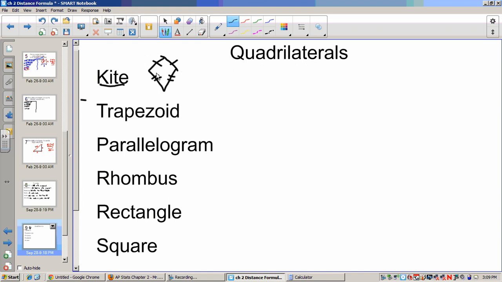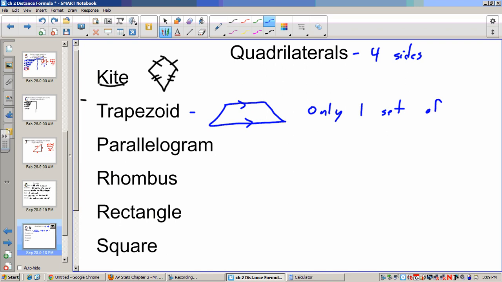However, these two and these two cannot be the same sides. A trapezoid is a quadrilateral, and remember, a quadrilateral is an object that has four sides. A trapezoid is something that looks like this, and it's a quadrilateral with only one set of parallel lines.